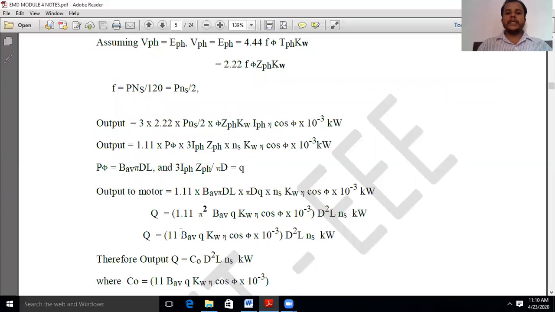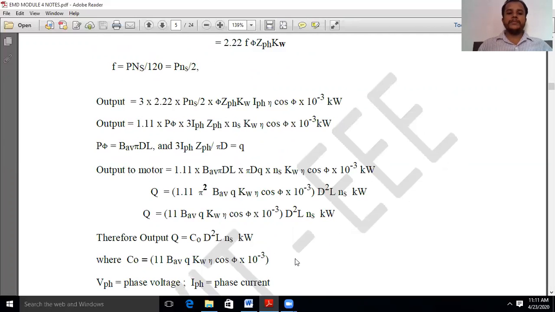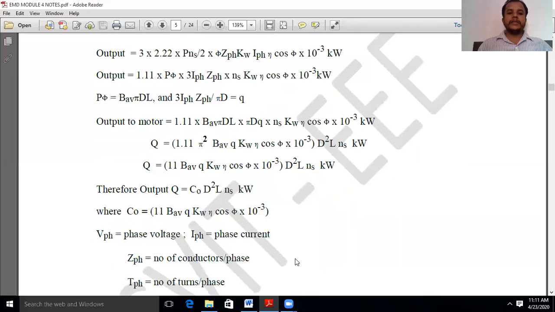So it is given by 1.11 Bav q Kw eta cos phi 10 to minus 3 D square L ns kilowatt. This pi square is 3.14 into 3.14, which is about 10, so finally I get Q equal to C naught D square L ns kilowatt.